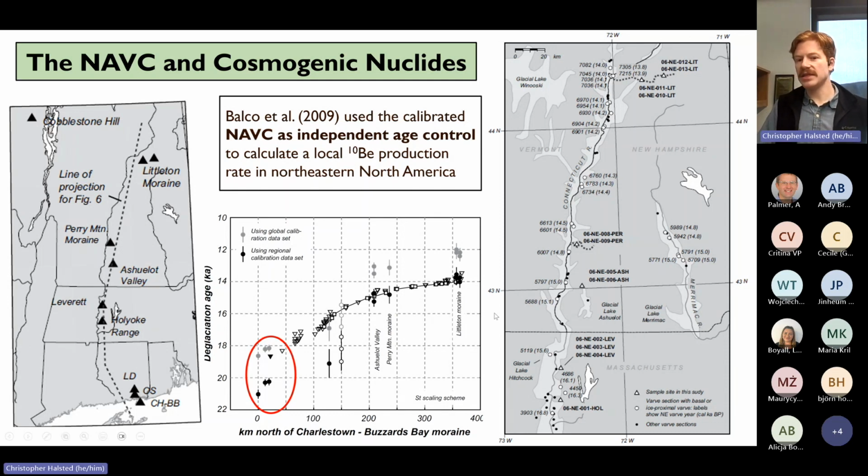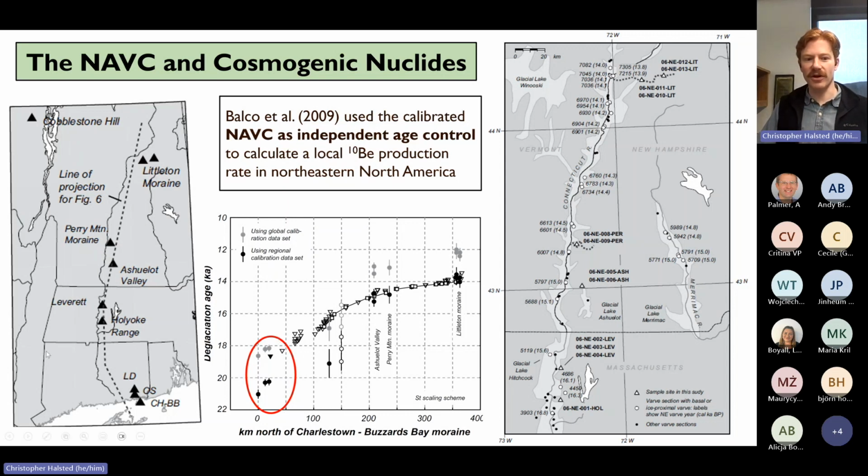And so this mismatch, which was first spotted around 2009 with this production rate calibration data set, and was debated over for the last decade in the northeastern deglacial community, became a sticking point between people who are radiocarbon deglacial advocates and people who are cosmogenic deglacial advocates. And caught somewhere in the middle of those two camps were Jack Ridge and his varve chronology, because the varve chronology doesn't go this far south.